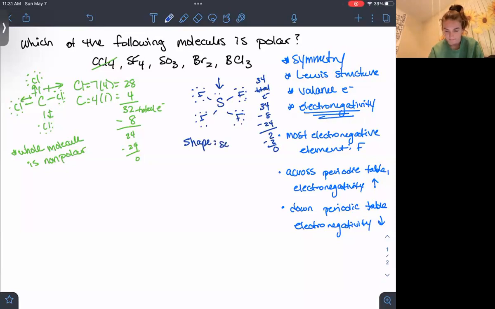Good. This is your molecular geometry. Does anyone know what your electron domain geometry shape is? Yep.